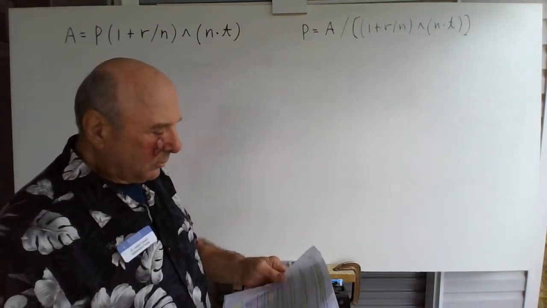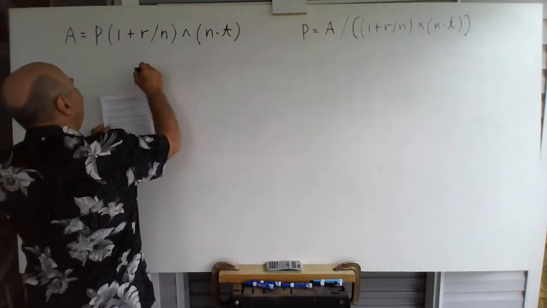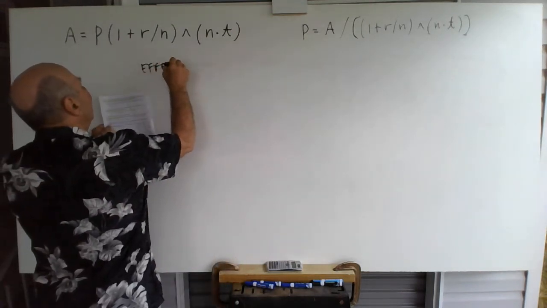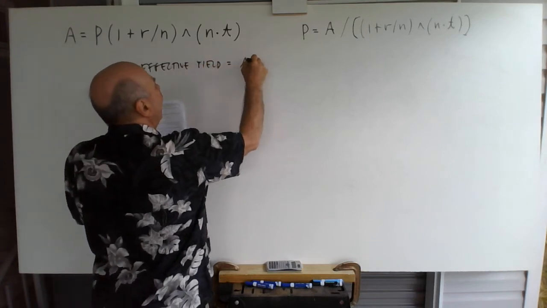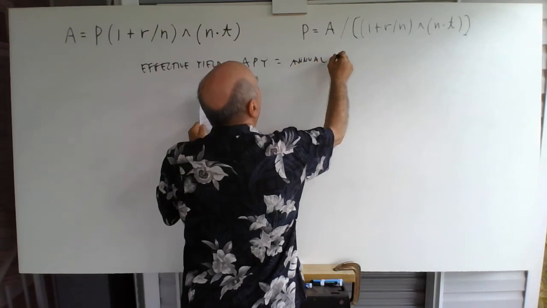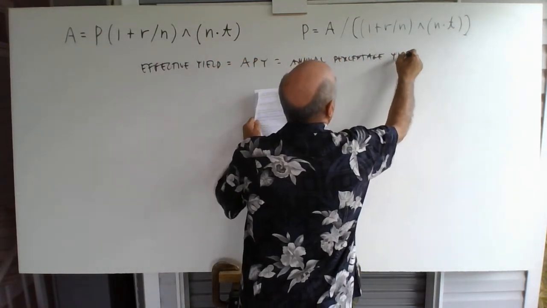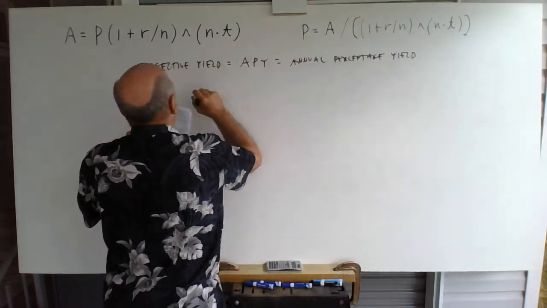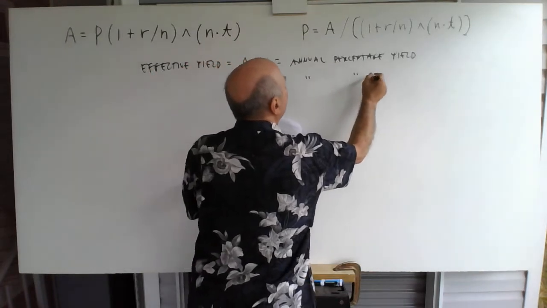So let's say we want to determine the effective yield. The effective yield is also the APY, annual percentage yield, whereas the APR is the annual percentage rate.